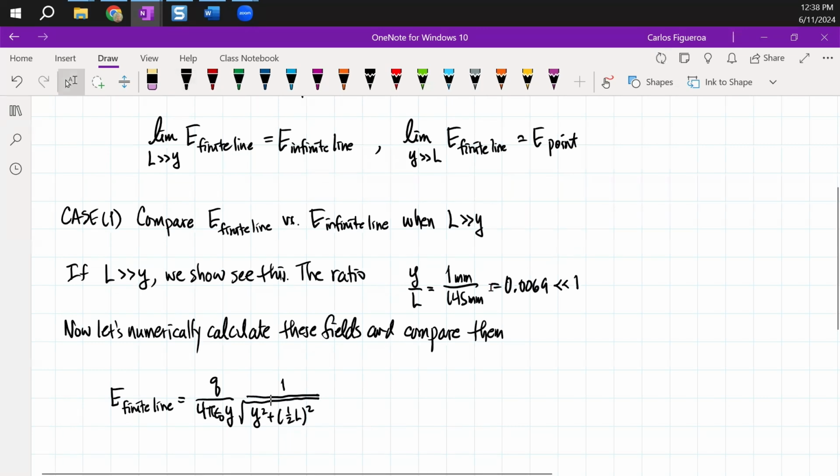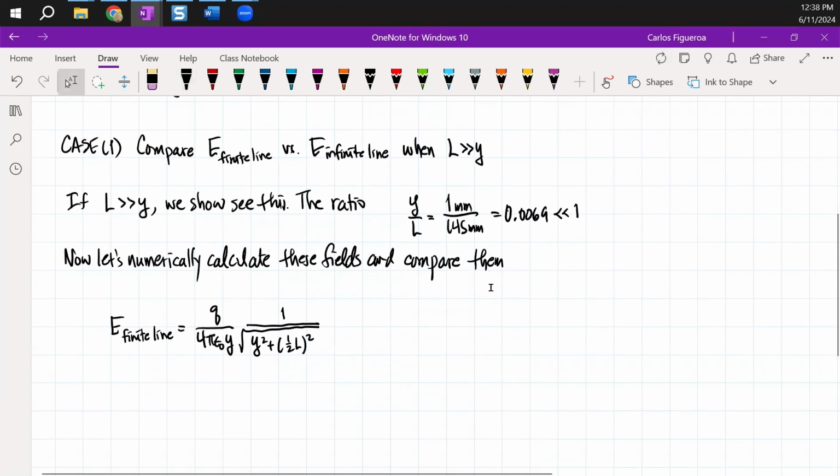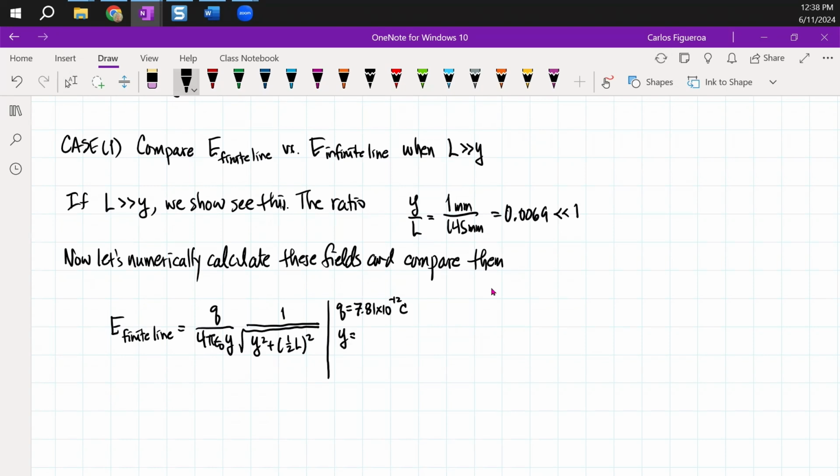So I'm just going to take the values that are given in the question here. It says that Q is equal to 7.81 times 10 to the minus 12 coulombs, Y is 0.001 meters, and L is 0.145 meters.